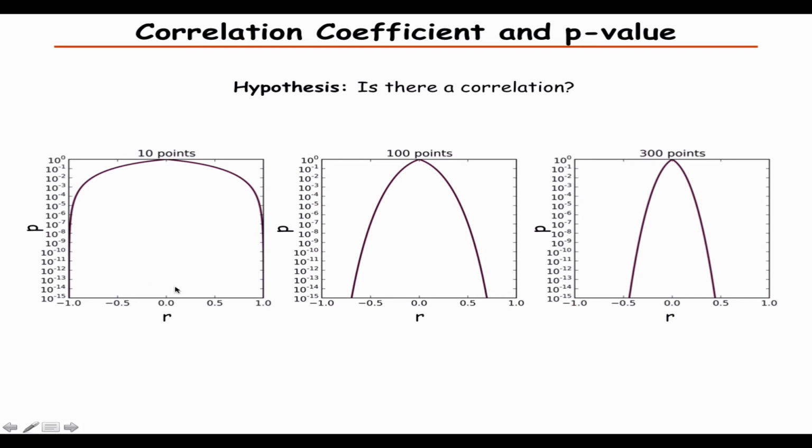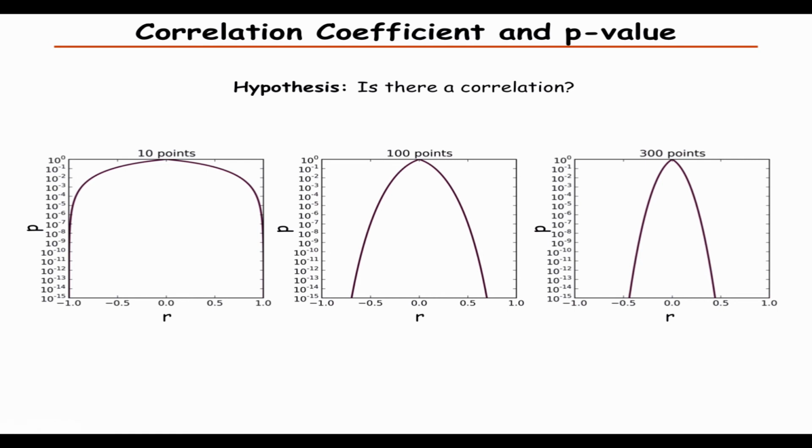Here, for 10 points, we have the correlation coefficient on the x-axis, and the p-value on a log scale on the y-axis. We see that, for example, if we have a correlation coefficient of 0.5, it ends up being a p-value of 0.1.